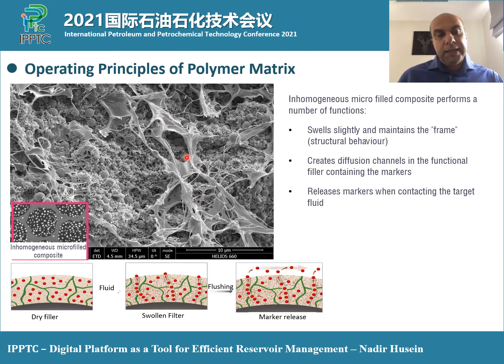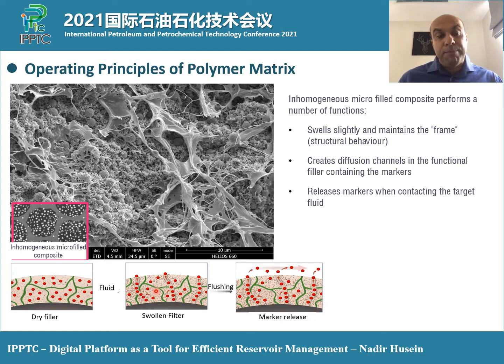It has the insoluble polymer net, so this green network, or if you see on the electron microscope image, this network, and the primary function of this network is to preserve mechanical properties of the material throughout the life of the well or the material that's placed downhole.